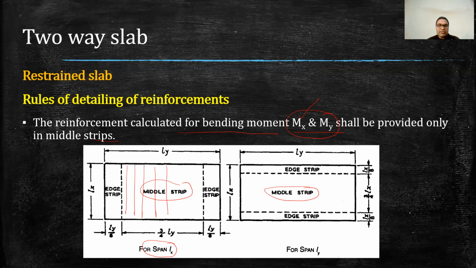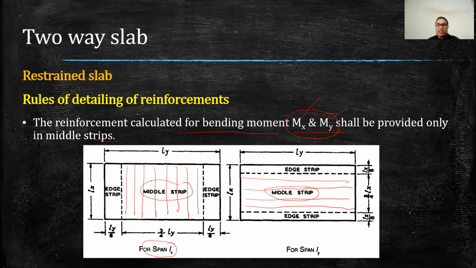All the reinforcement will be provided in the middle strip only. Similarly, for My, we will provide reinforcement along the middle strip only. Now, what is the meaning of this? It means that the maximum effect of the bending moment will generally occur along the middle strip.